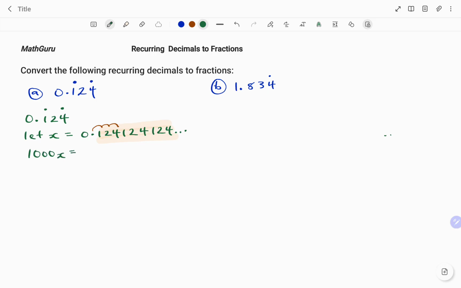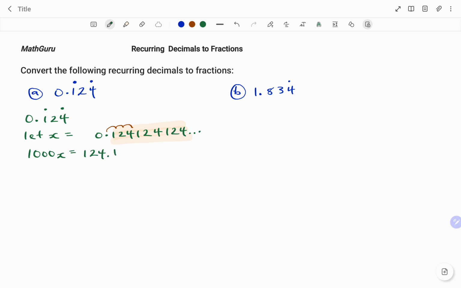And on my right, I'm going to have 124.124124, and so on. I'm doing that so that it's easier for me to subtract both equations. I'm going to call the first one equation 1 and the second one equation 2.